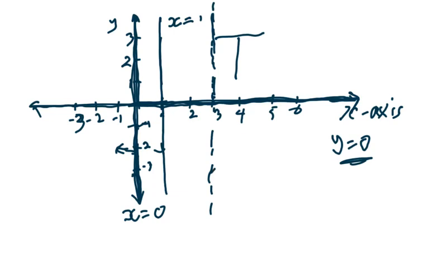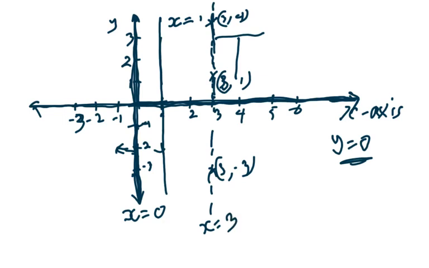If I picked a point here, this is probably 3, negative 3. If I picked a point there, this will be 3, 1. If I picked a point there, this would probably be 3, 4. So the value of the x coordinate remains 3. That's why this line is x equal to 3.